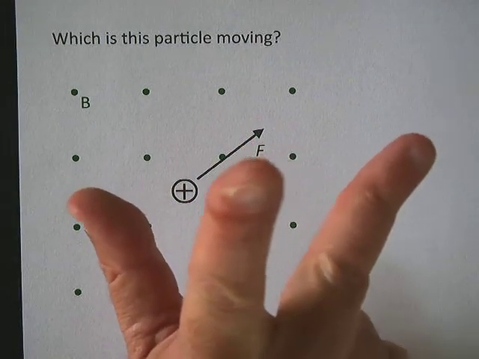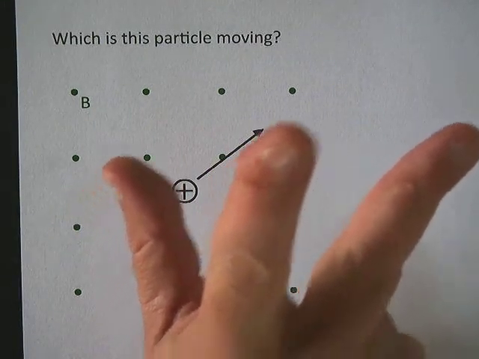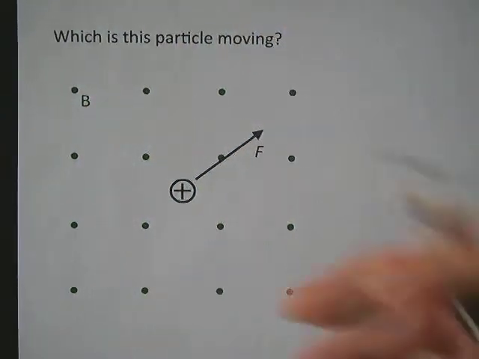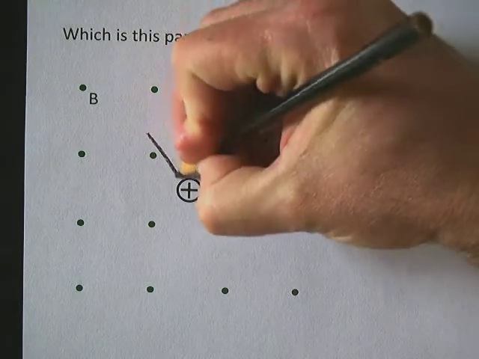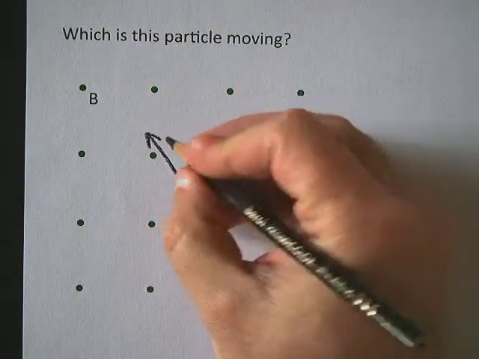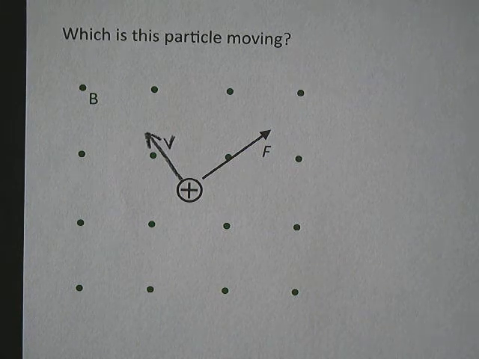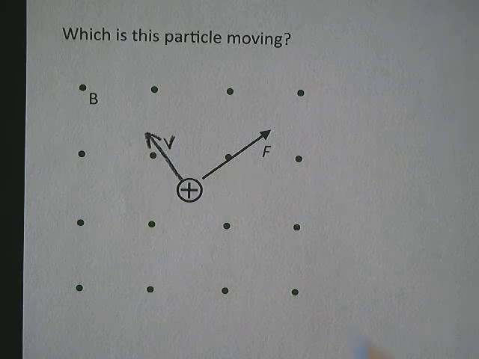So I see the magnetic field is coming out of the page, and I see that the force is pointing in this direction. So which way is my thumb pointing? My thumb is pointing that way.